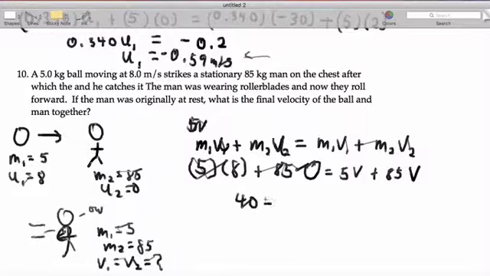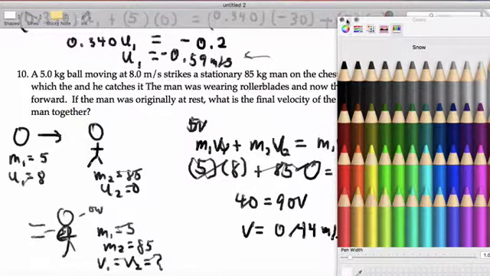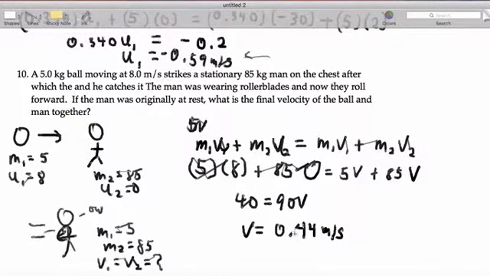So 40 equals 90v, so v equals 0.44 meters per second. I'm just going to clean this up a little bit so it's more legible. That's 0.44 meters per second as our final answer. And so that finishes up page 3 of the exam. And I think in our next page we start energy.